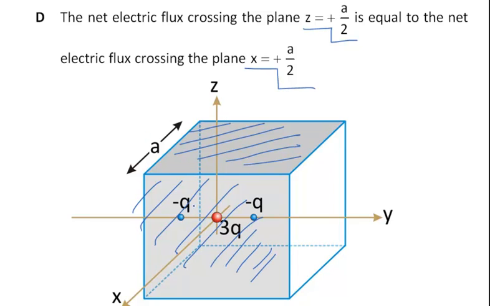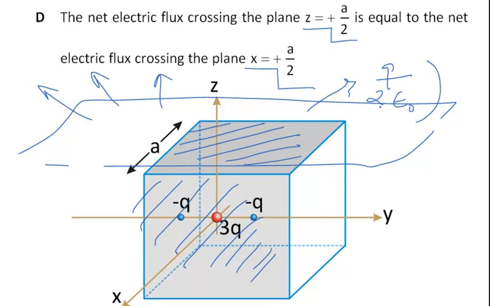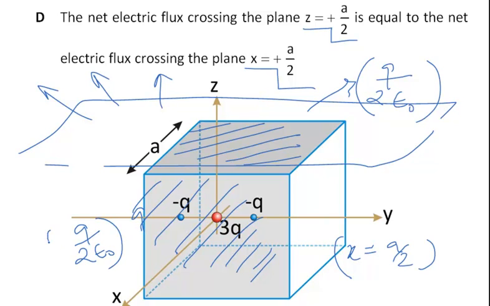The total flux going through a plane passing through this, as we have already seen by symmetry, will be q by 2 epsilon naught. The same amount of flux passes through this plane, x equal to plus a by 2, by symmetry. This will also be q by 2 epsilon naught. So option D is also correct.